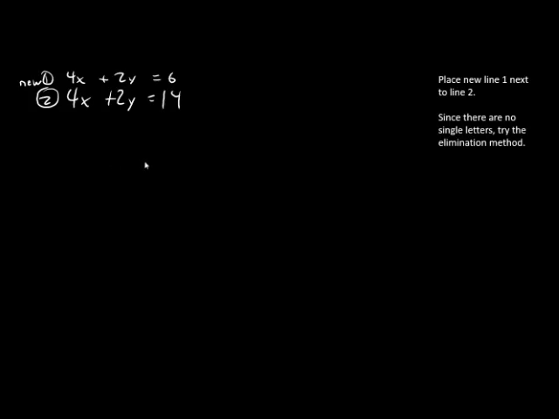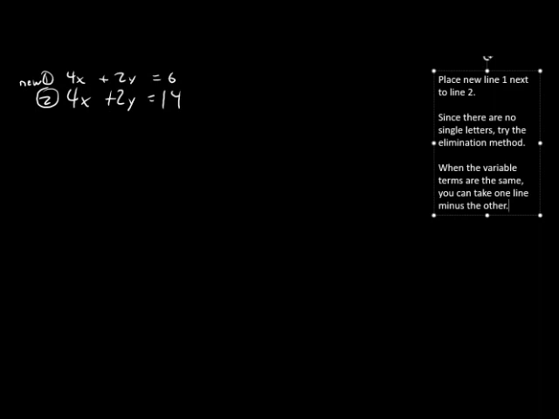This is true anytime you have any variable term that is exactly the same. To put this another way, we can just multiply either one of the lines by negative 1. I'm going to choose line 2 for this, but in reality it doesn't make much difference which one you do.